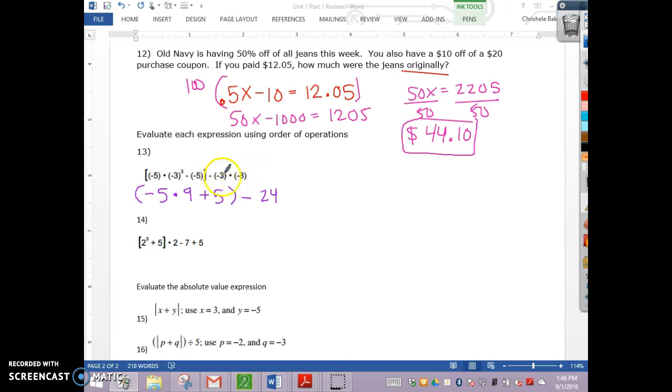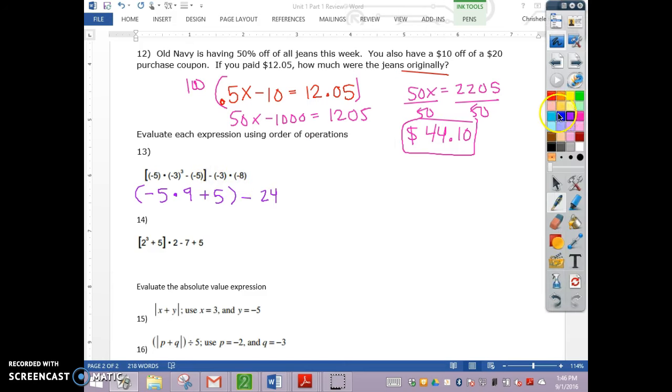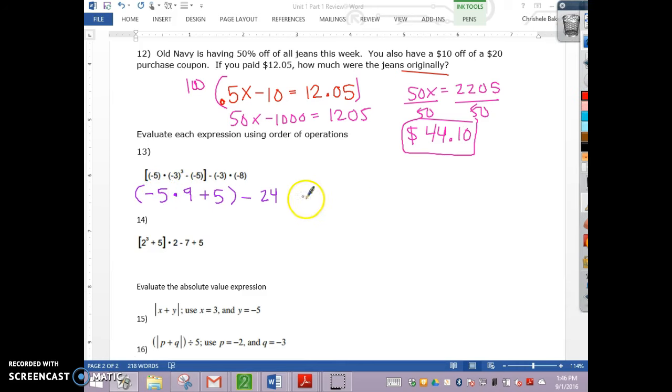Minus, and then these negatives become your +24. Multiplication inside of here, -5 times 9 is -45, +5, and then we are subtracting 24. -49 plus 5 is negative 44.